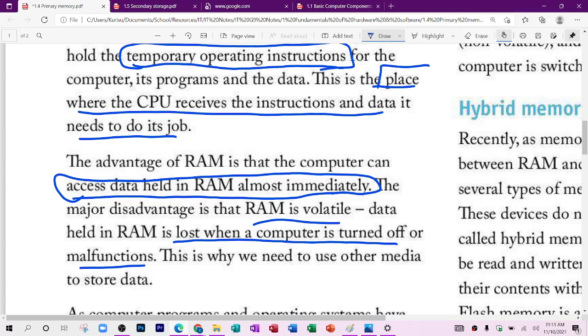But the disadvantage of RAM is that it is volatile. What does volatile mean? It basically means that if it loses electricity, it's going to lose the data inside of it. Say you have a game open on your computer, or you have an assignment open, and you just suddenly get blackouts.